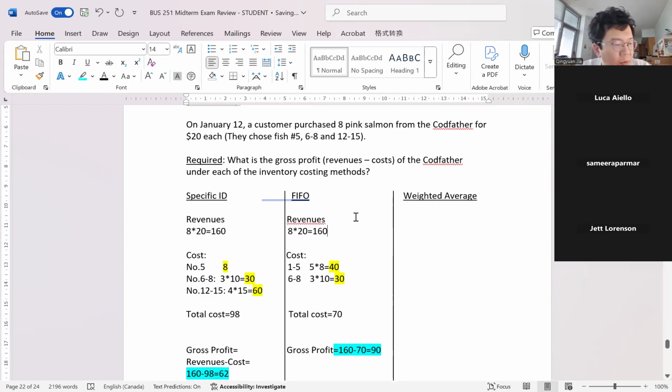And if we are using the weighted average method, still the revenue will be the same.